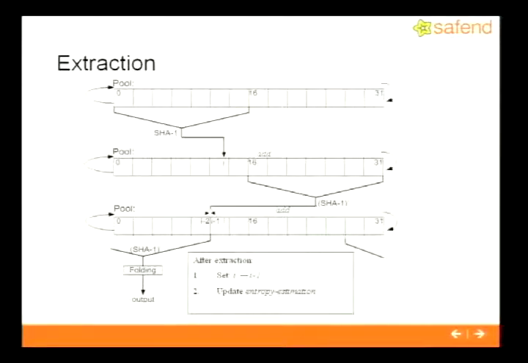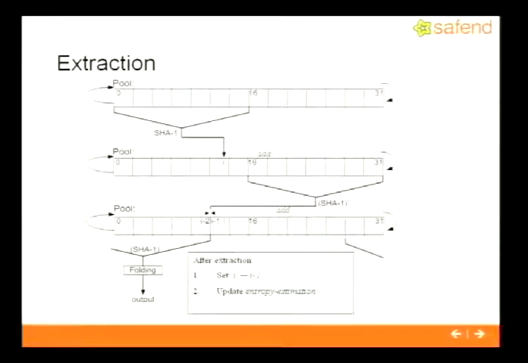Then we do again SHA-1 tag and take the output, and from SHA we get 20 bytes of output, and the authors were afraid that someone will find an attack for SHA-1, that by the way is coming this year, and they added another layer of folding.